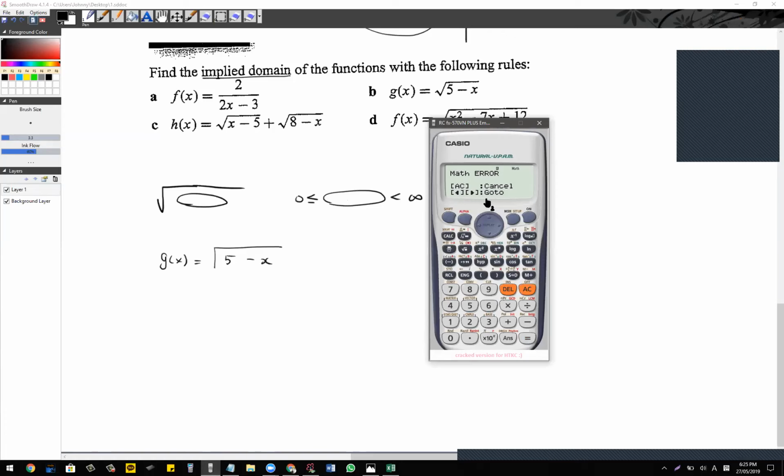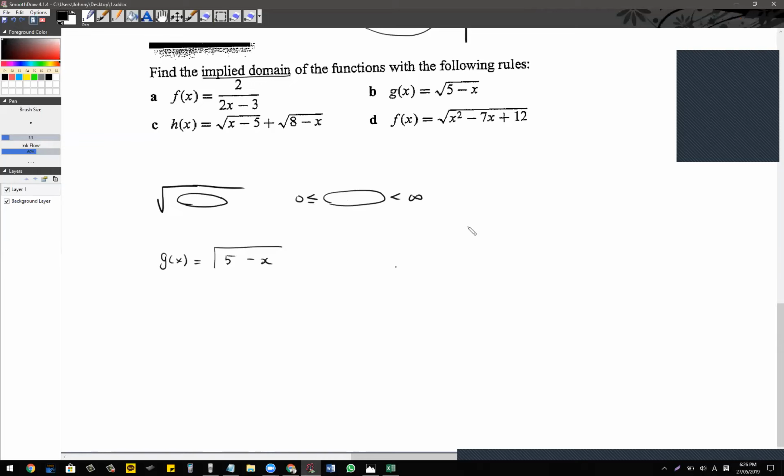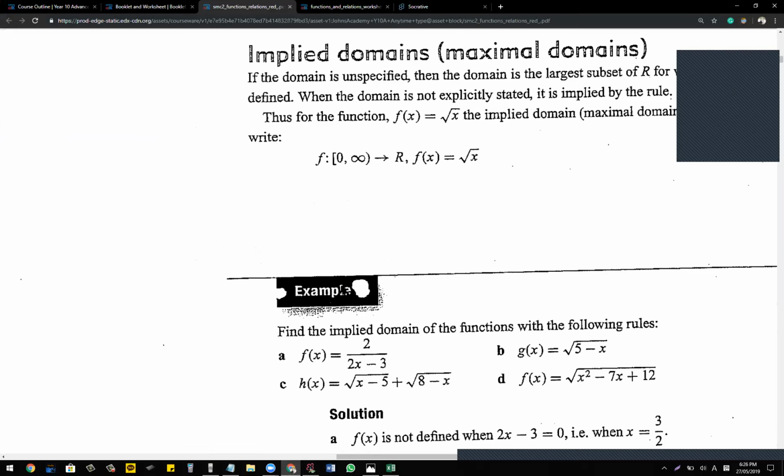So you get a math error. Can you plug in 5 there? 5 minus 5, yes, you can. That's 0. What about 5 minus 4? That's equal to 1. So that's fine. So when x is equal to 6, it wasn't allowed. 5, that was allowed. 4, that is allowed. 3, that's allowed. So it looks like all of that is allowed. When you plug in 7, it's 5 minus 7, which is also negative, so that's not allowed, right? So I want you to think about what the maximal domain is for that question there.